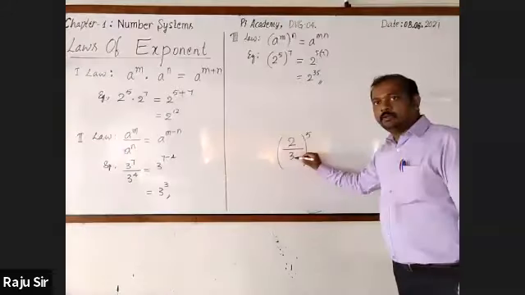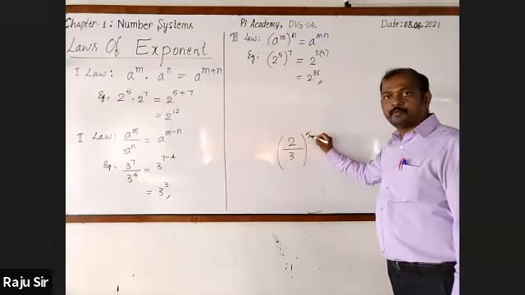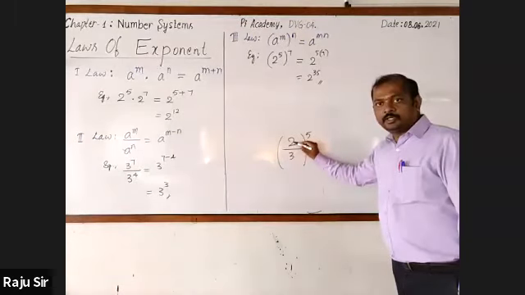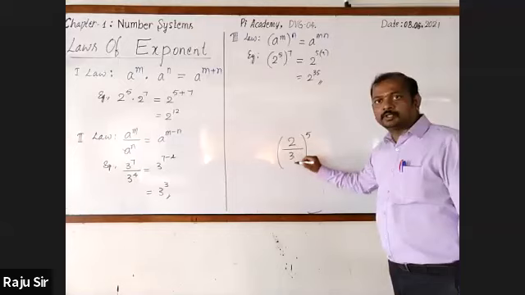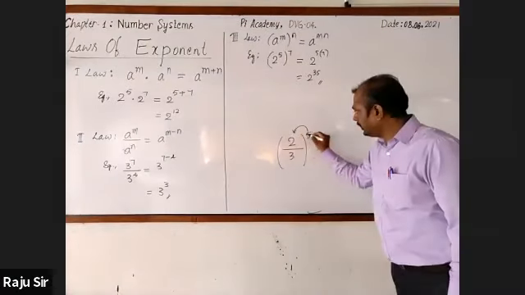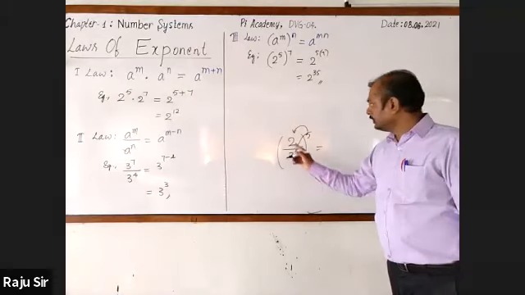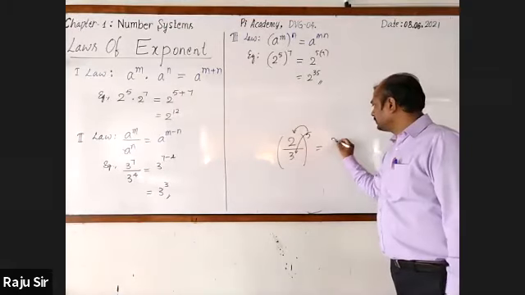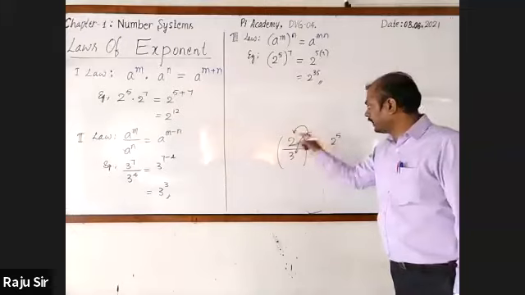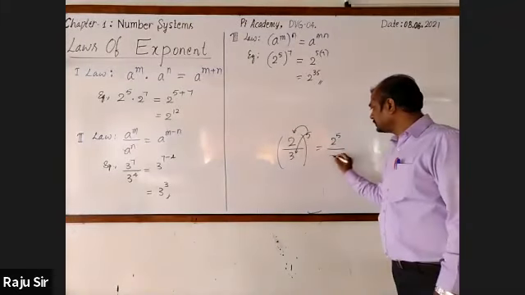Numerator and denominator both are different, and we have a whole power. Now this power should be applicable to both numerator and denominator. This can be written as 2 raised to the power 5 by 3 raised to the power 5. And generally it can be written like this.